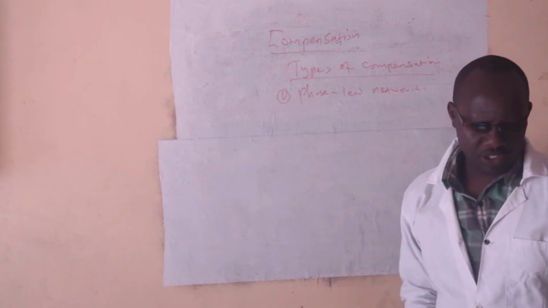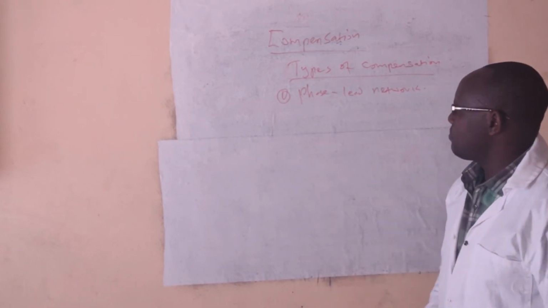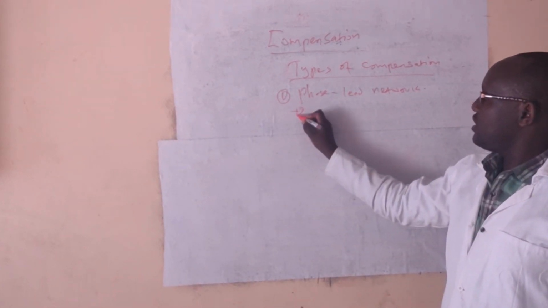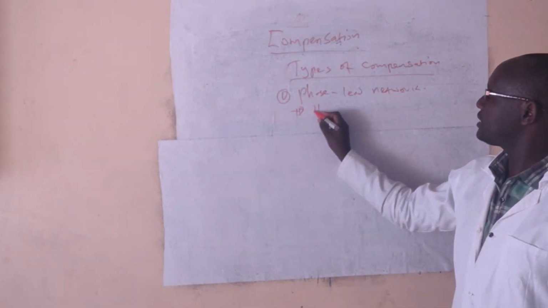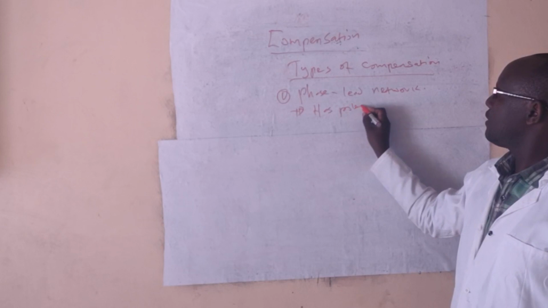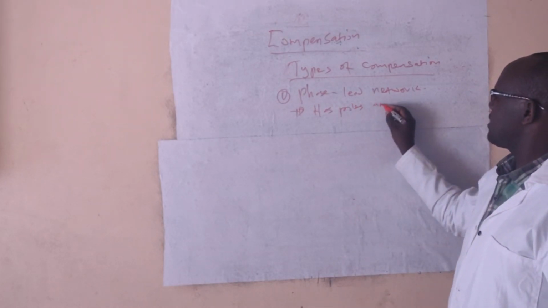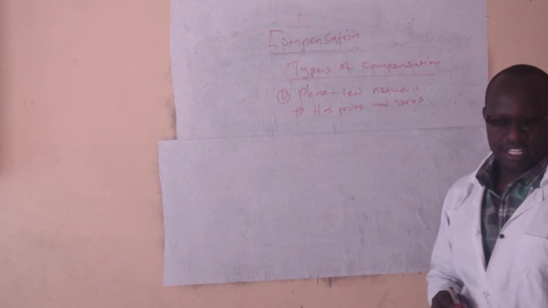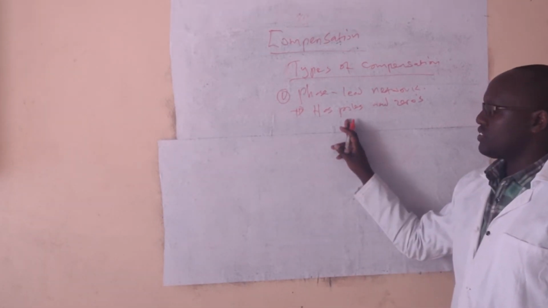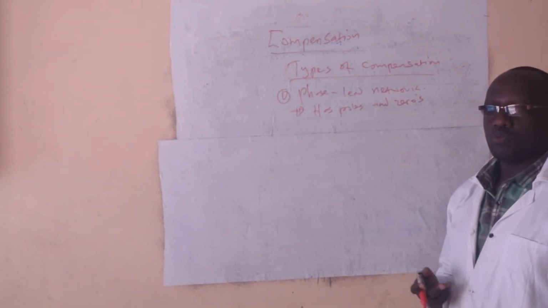The phase lead network. The uniqueness of the phase lead network is that it has poles and zeros. And we were saying last time, zeros make the system accurate.